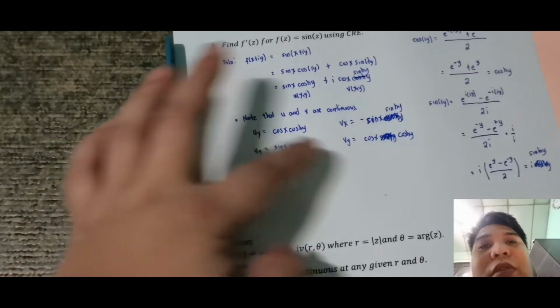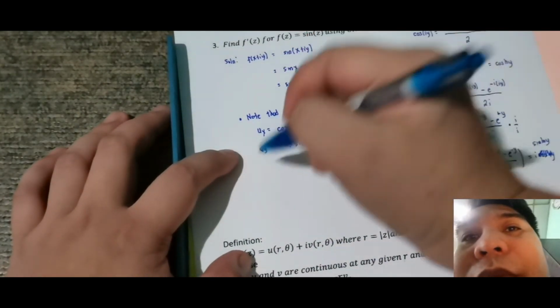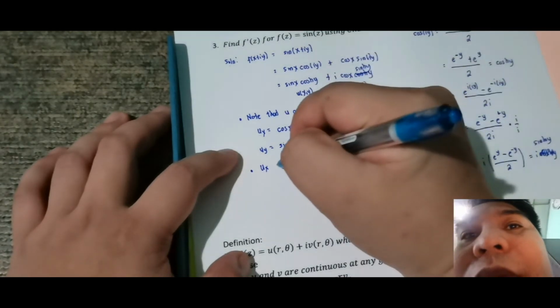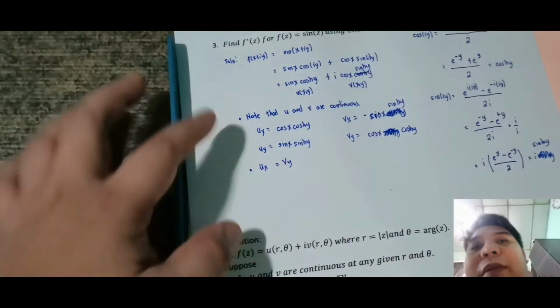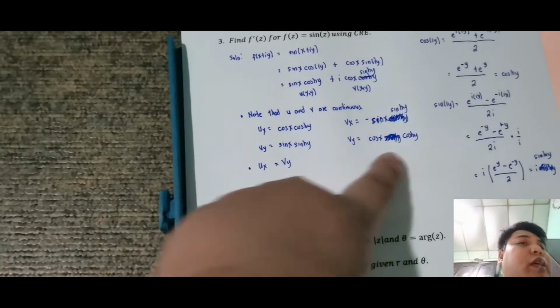Now let's check. Is the partial of u with respect to x equal to the partial of v with respect to y? Cos x cosh y, cos x cosh y. Yes.